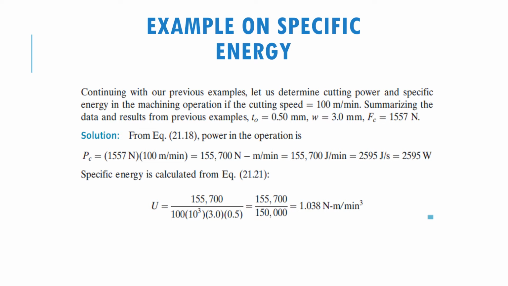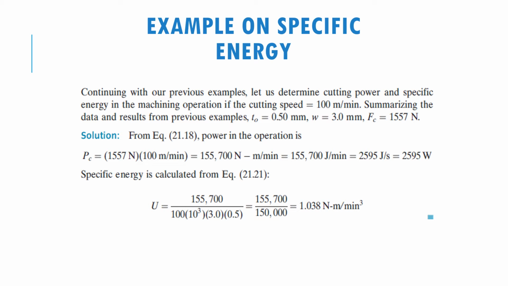It is 155,700 Newton meter per minute. If you convert it into joule per minute, it becomes like this. And then if it is converted to watt, which is joule per second, it becomes 2595 joule per second. To convert this, divide by 60, and then you will get the joule per second.